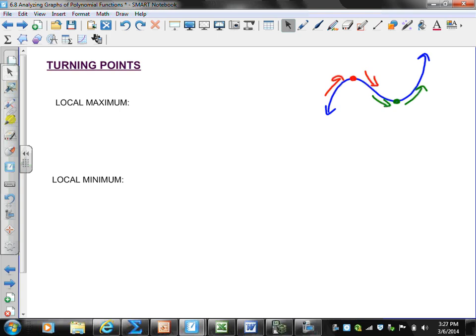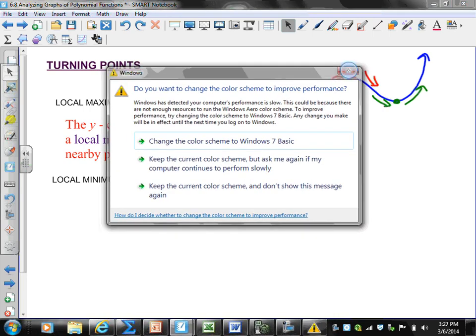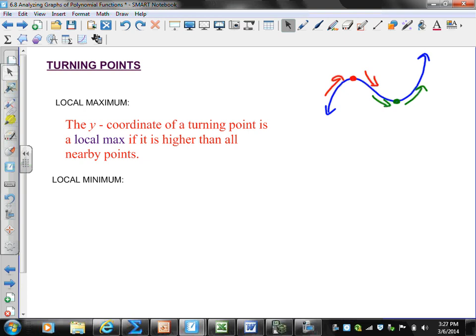Here's our formal definition of whether a turning point is a local maximum versus a local minimum. So both of these are turning points. Here's the textbook definition. The local maximum is the y-coordinate of a turning point, and it's a local maximum if it was higher than all the nearby points. So this first one here in red is higher than all points in its little neighborhood, right?